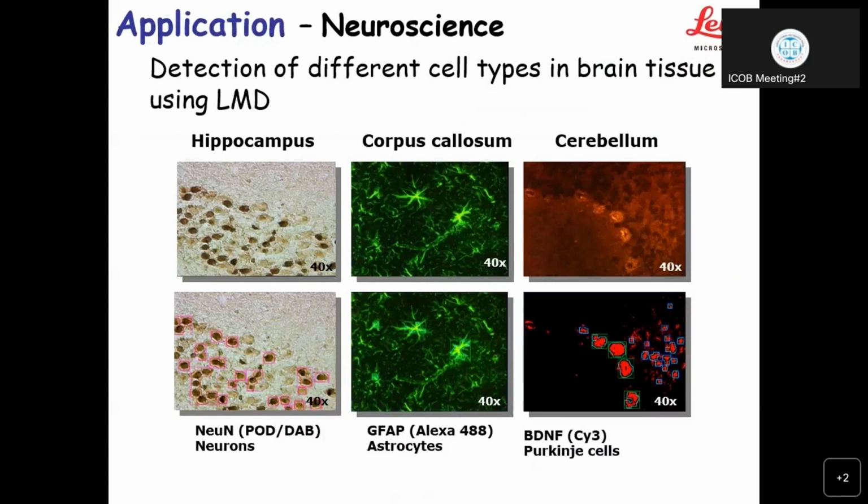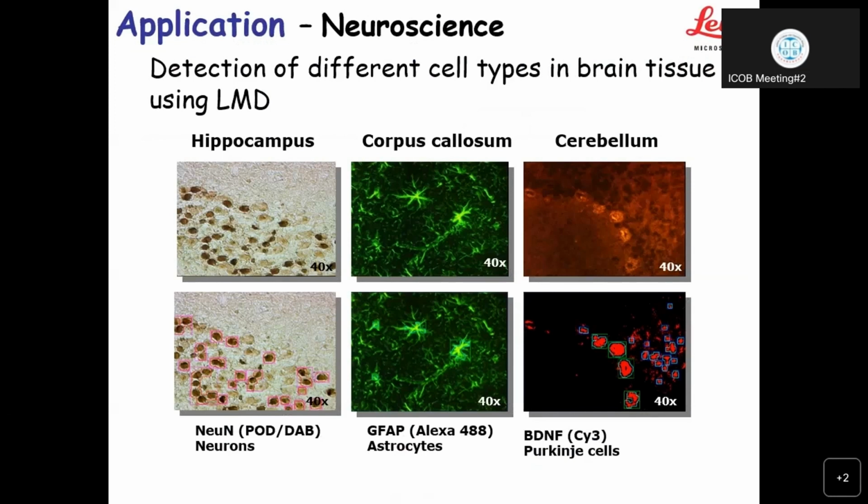The middle panel is GFAP astrocytes stained with Alexa 488 in corpus callosum. The right panel is BDNF protein cells stained with Cy3 in cerebral cortex. The LMD system can easily detect these different types of cells and cut them out for downstream analysis.